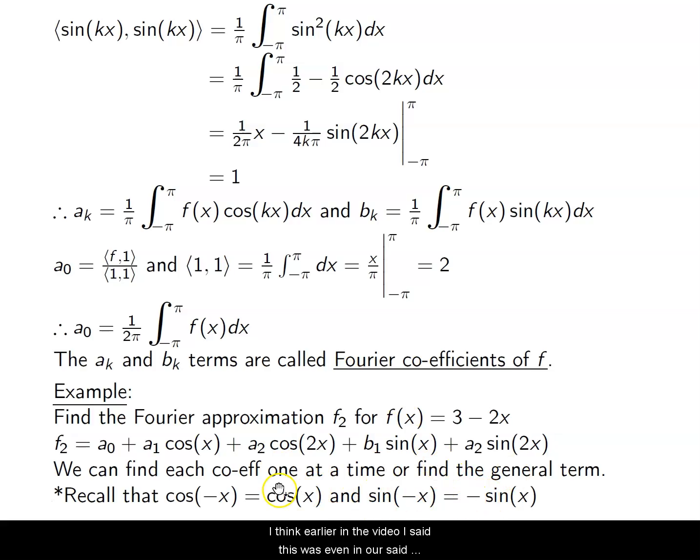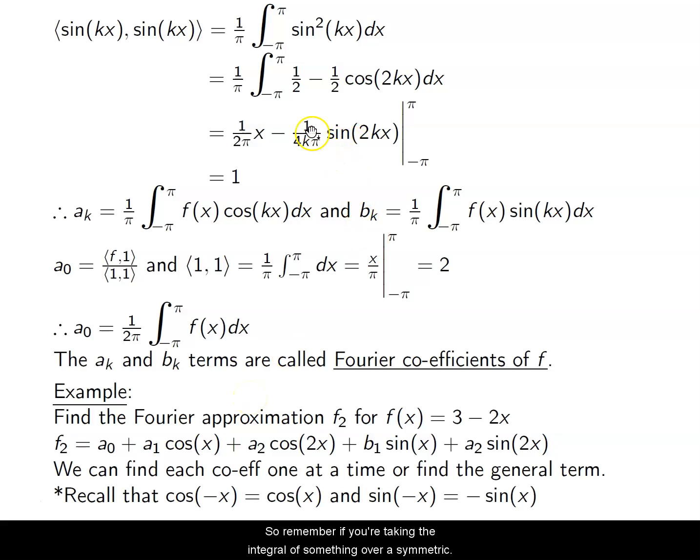I think earlier in the video I mixed up which was even and which was odd. I don't remember, but this is the property for even functions and this is the property for odd functions. So that's the correct even and oddness of cosine and sine, which we can also use to figure out when our integrals zero out.